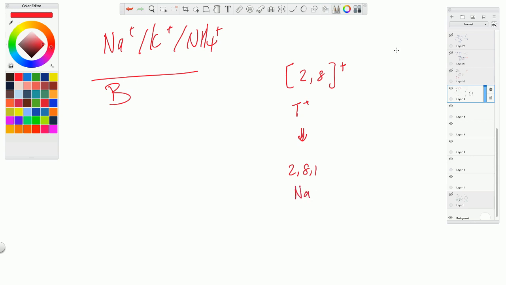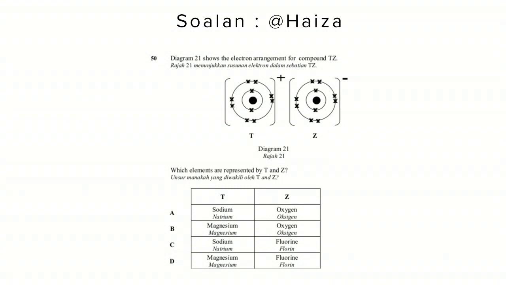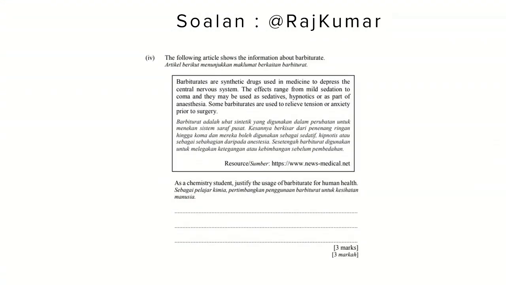And then, bagi Z, sekarang dia charge negatif 1. Dia sekarang 2, 8. So, original tapi dia negatif. So, original ialah 2, 7. So, siapa 7? Fluorine. So, kamu mesti lihat sini. Charge dia juga. So, jawapan dia ialah C. Sodium dan fluorine. Okay. Can I have the next question?